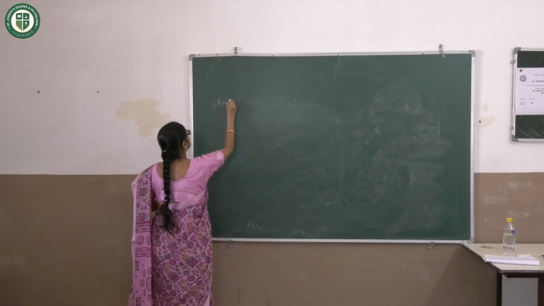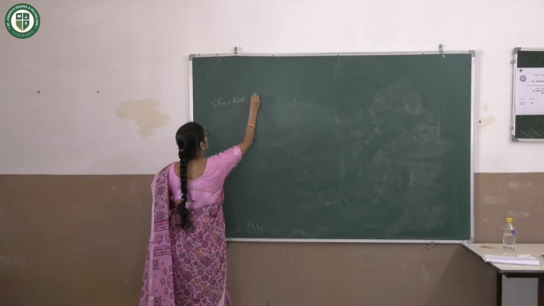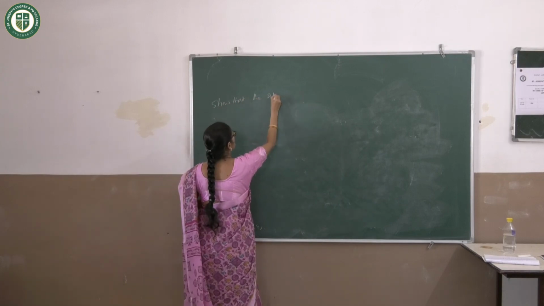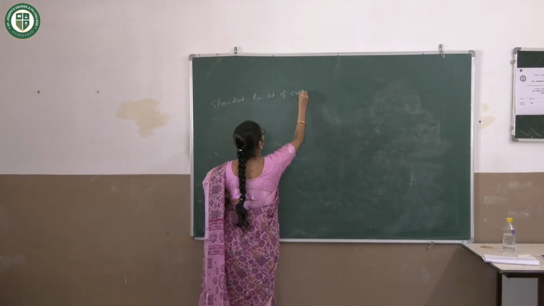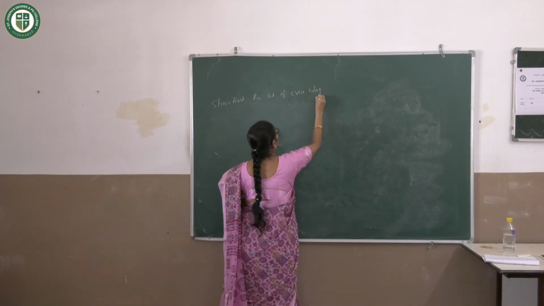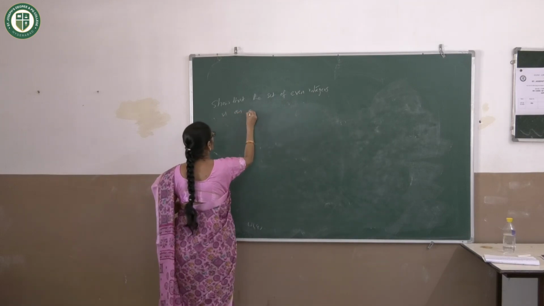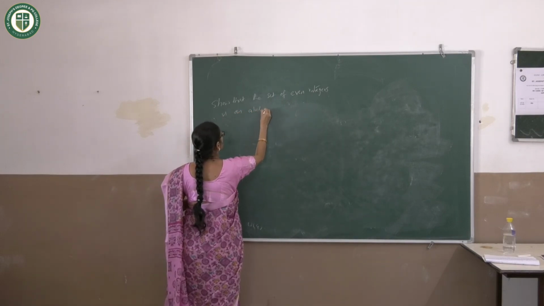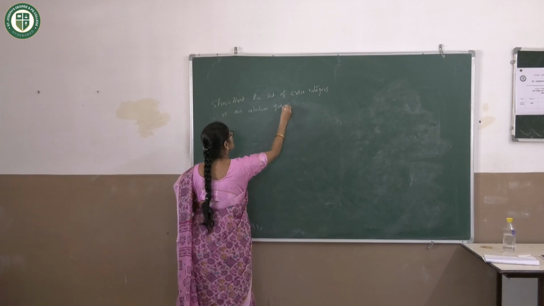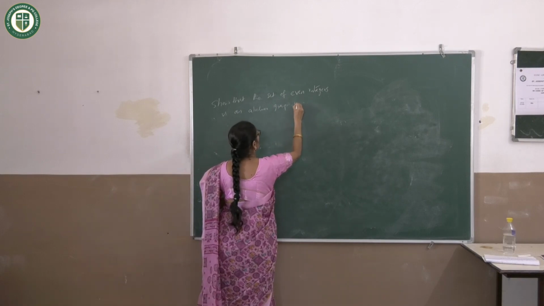Show that the set of even integers is an abelian group under addition.